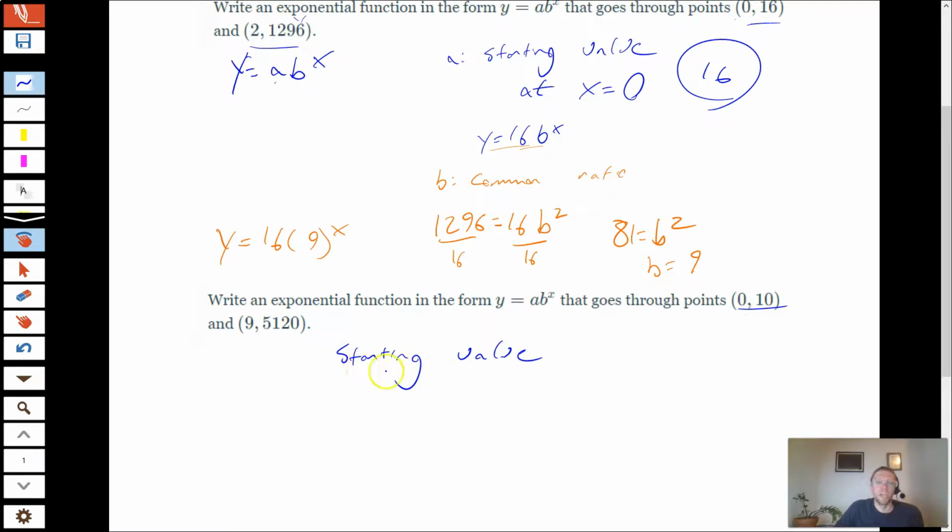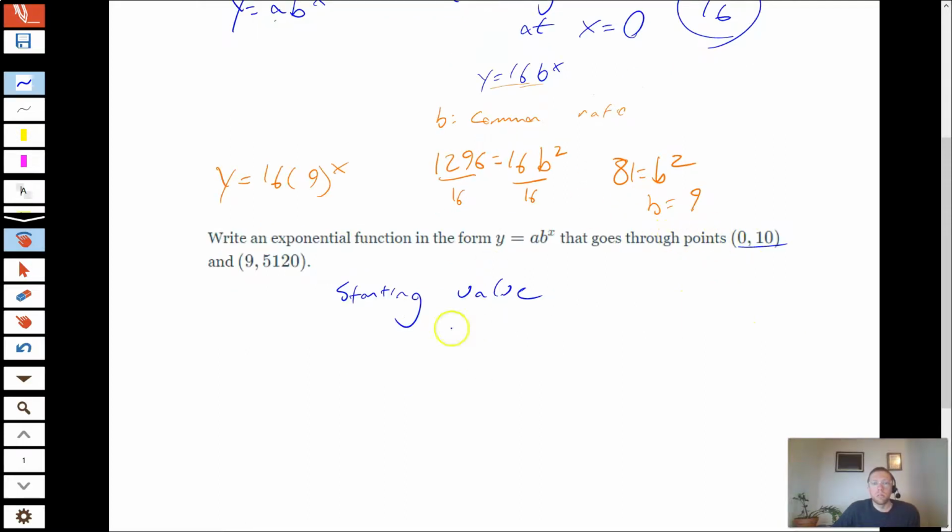Also could call it my y-intercept, where x equals 0. So that gives me a equals 10. And then I'm going to plug it into my standard form, y equals 10 times b to the x. And now I need to plug in my other point to figure out what b is.